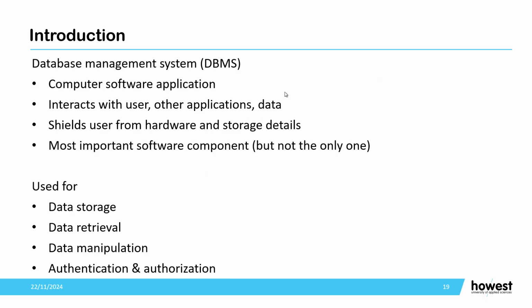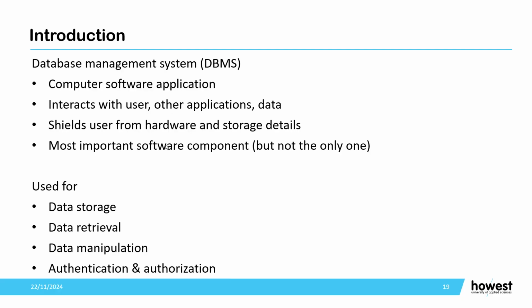So if we go back then to what such a database management system is, it's a computer software application, just a program that's running. It interacts with basically all the other components of a database. So this is the software component. This interacts with the data, the hardware, the users. And it also shields us from all that information.